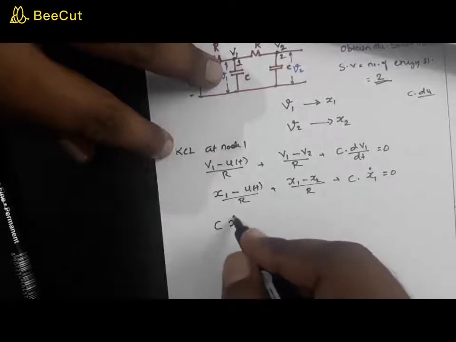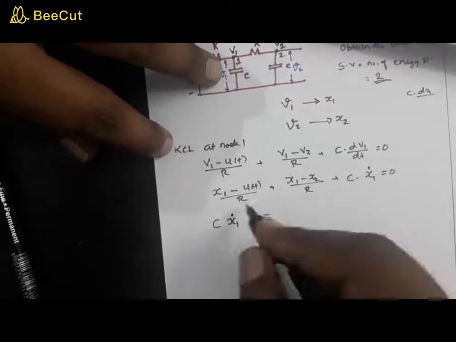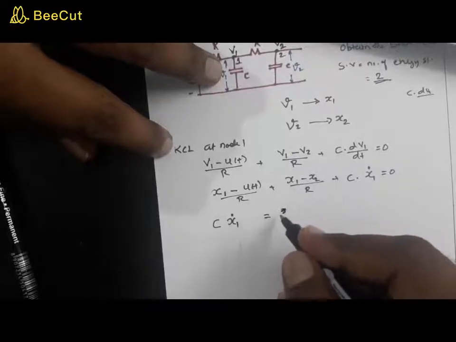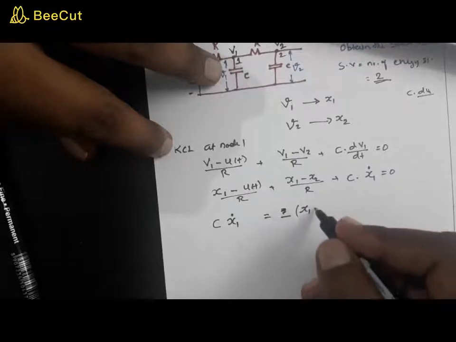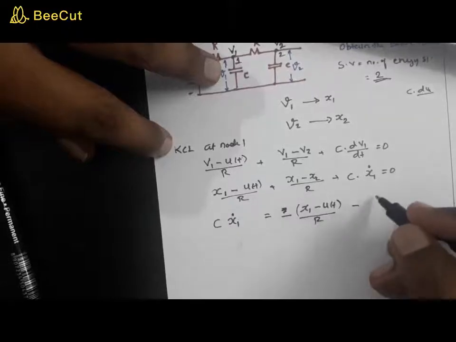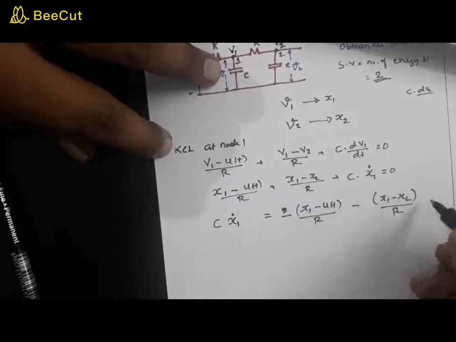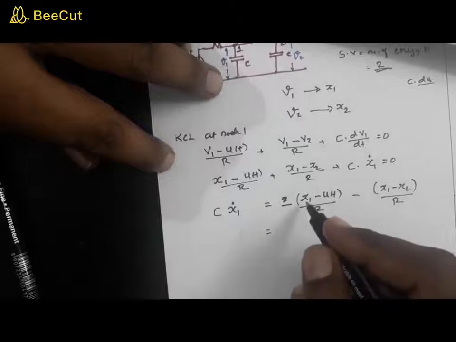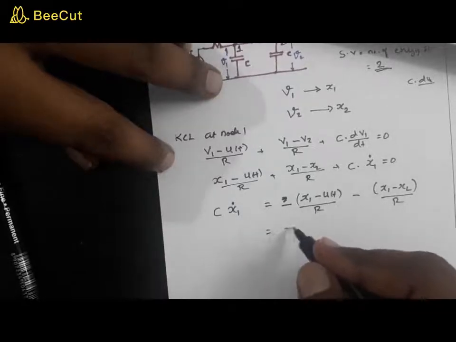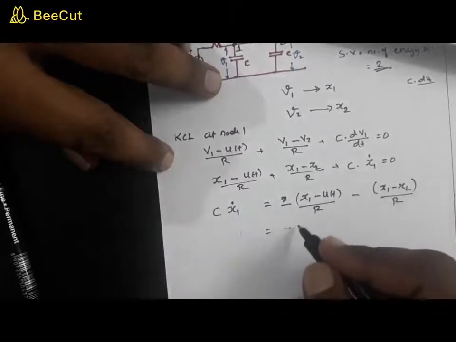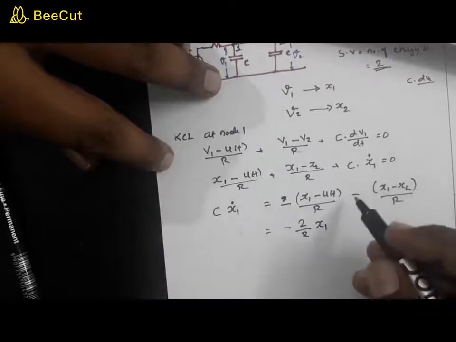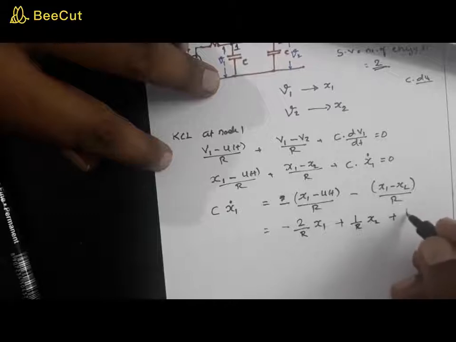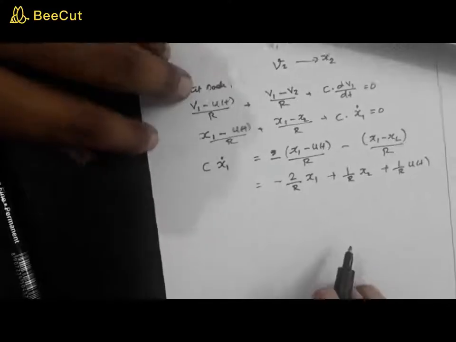So C into x1 dot is equal to, bringing these to this side and separating the coefficients, minus (x1 minus u of t) by R minus (x1 minus x2) by R. Separating this out, you get minus 1 by R x1 minus 1 by R x1, which is minus 2 by R x1, and next, plus 1 by R into x2, and plus 1 by R into u of t.